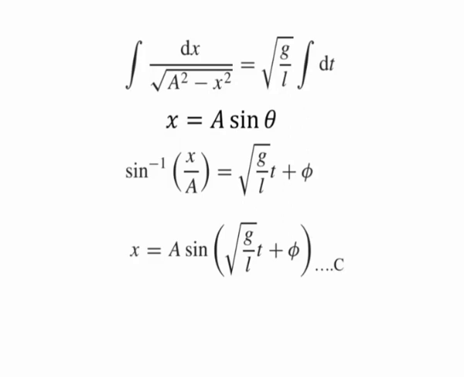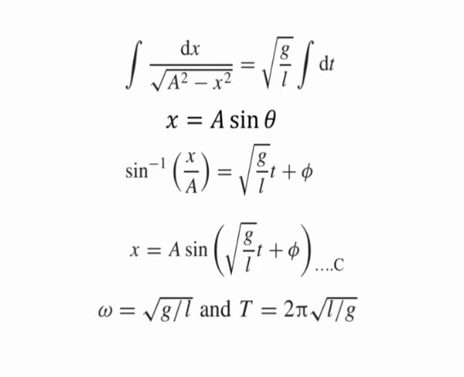Equation C describes simple harmonic motion with ω = √(g/L) and T = 2π√(L/g). At this point, we note the similarity in the expression for the total energy of the two examples of simple harmonic motion that we have considered.